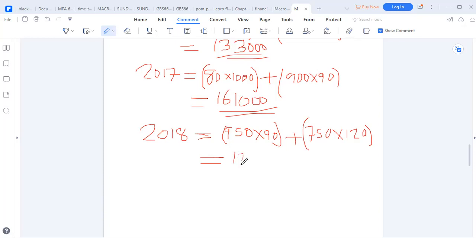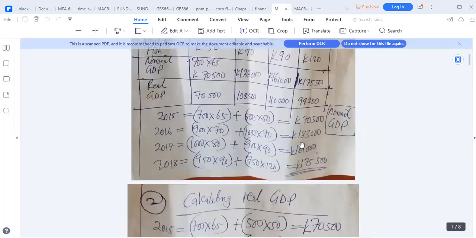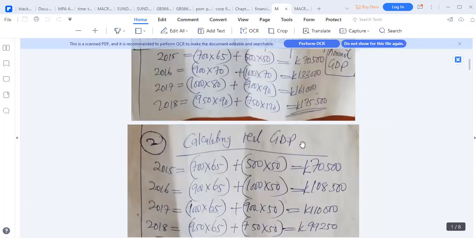So we get 175,500. Okay, so this is about what is going on as we look at this given problem. Please take note of this one.